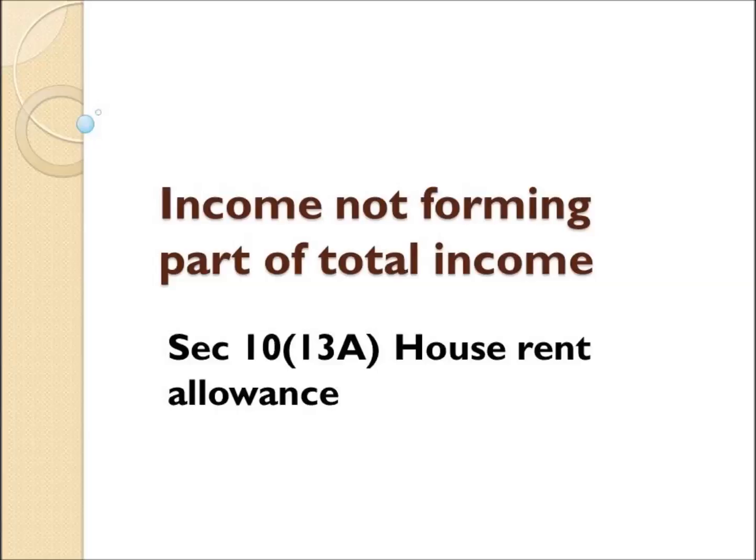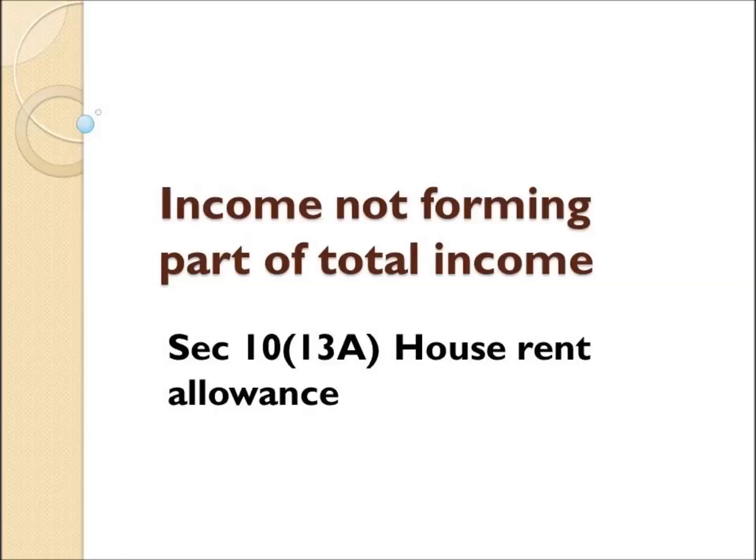This is also a type of allowance which a salaried employee is given by his employer. So in this class we are going to discuss how much of the house rent allowance given by the employer to his employees is exempted and how much is taxable.